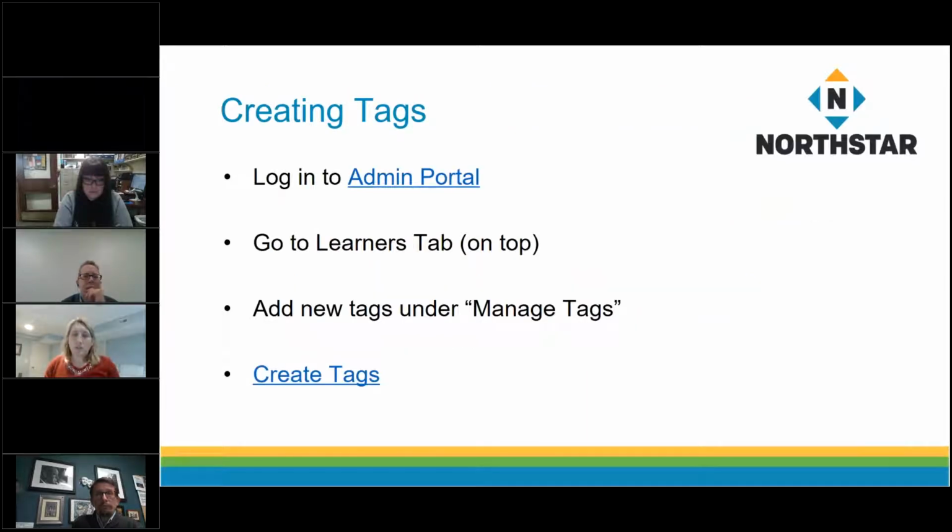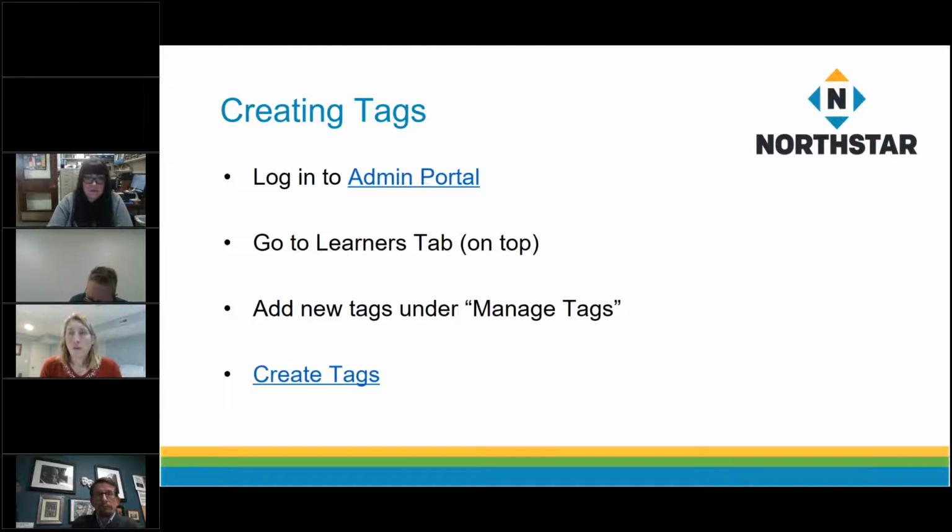One thing I do want to make you aware of, not even just for the open staff, when you're talking about Northstar to your staff, is that when learners are added, you have the option of creating tags for them. Why would you want to do that?